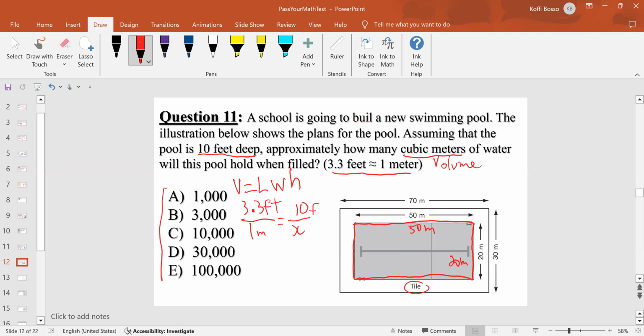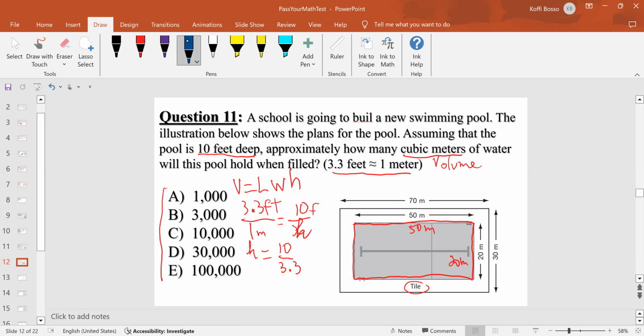We set up this proportion to find x, which is going to be the h. So instead of x, I could call it h. That means h will be 1 multiplied by 10 divided by 3.3, so 10 divided by 3.3. That's my h.